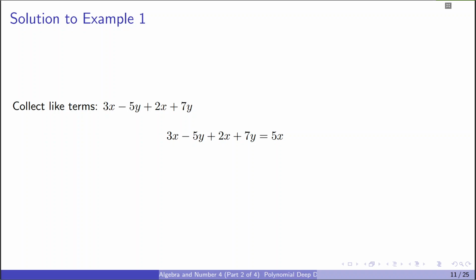Our next term is the negative 5y. So which other terms have y to exponent 1? That's the 7y. We combine these. Negative 5 plus 7 is 2. When we're combining like terms, the variables and their exponents will not change. So there we go. This combines to 5x plus 2y.